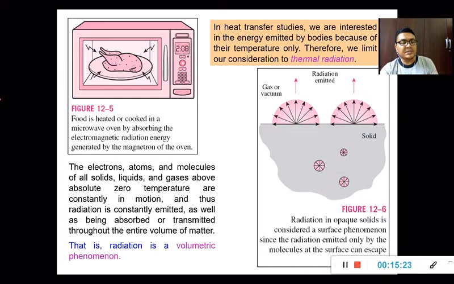That is, radiation is a volumetric phenomenon. In the figure on the right hand side, radiation in an opaque solid is considered a surface phenomenon, since the radiation emitted only by the molecules at the surface can escape.